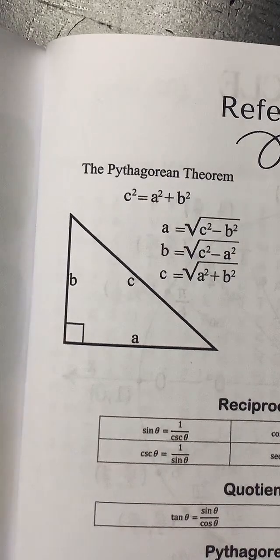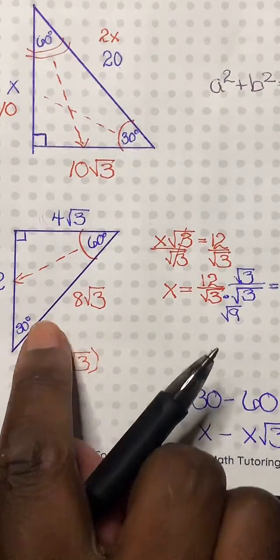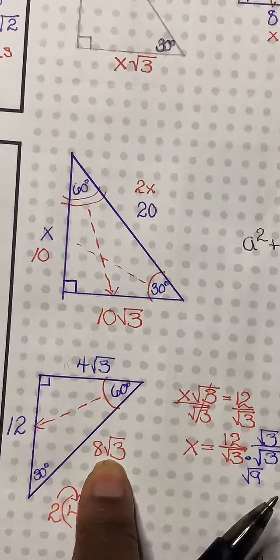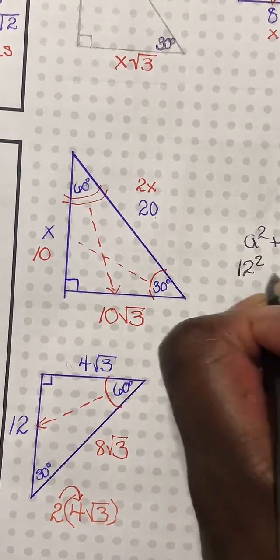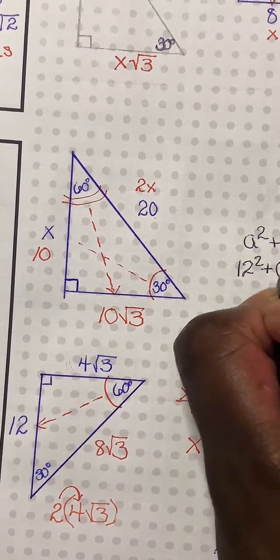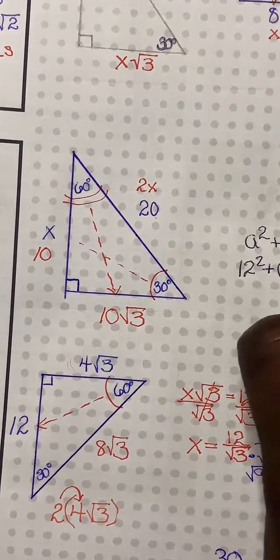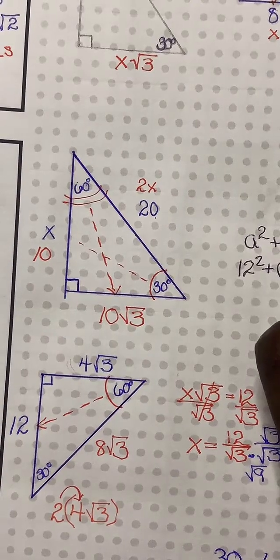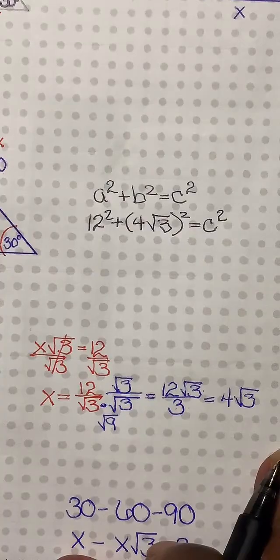They're interchangeable. So if we were looking for the hypotenuse, and we know that one of the legs is 12, and the other leg is 4 times the square root of 3, and we're going to square that, and we were looking for that unknown side, which was our hypotenuse.